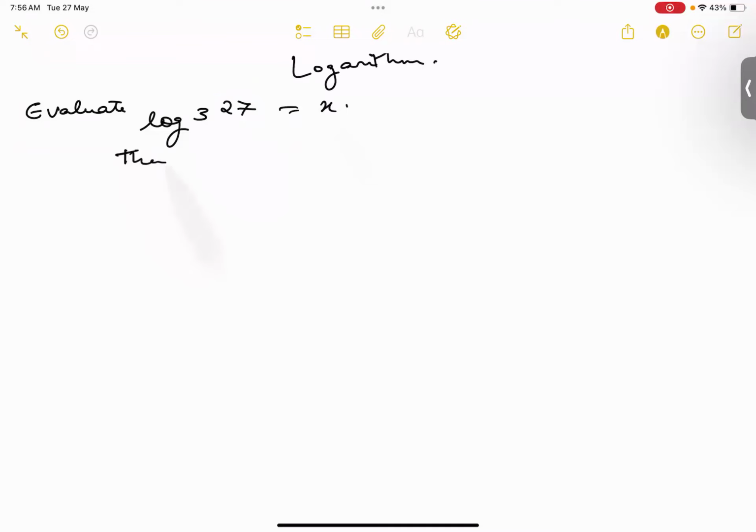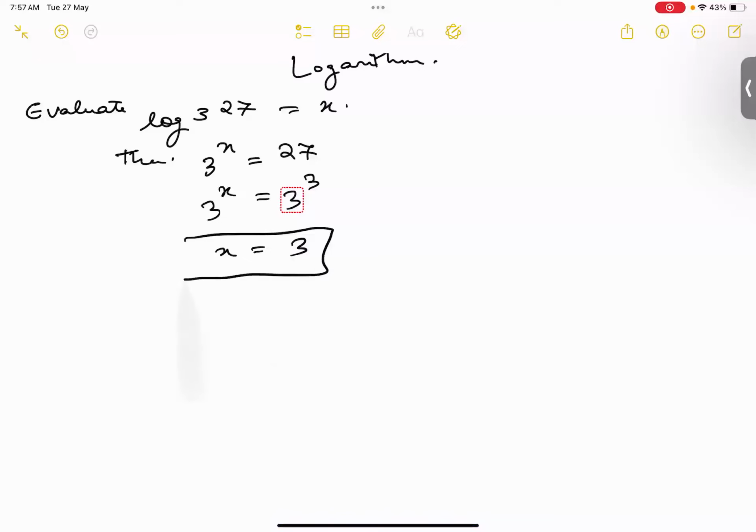Then we know that 3 to the power x becomes 27, right? Now 3 to the power x is equal to 27. 3 threes are 9, 9 threes are 27, so it's the cube root. So x is equal to 3.